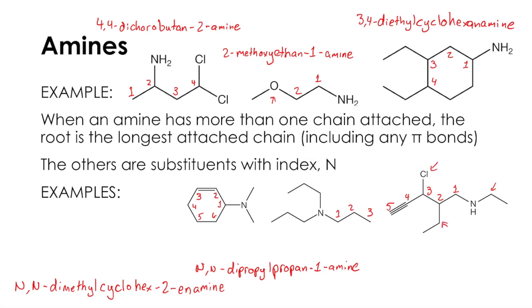Chlorine is first alphabetically, so that's going to be the first group in the name. So we're going to call it 3-chloro, like that. And then we have 2 ethyls, N,2-diethyl.